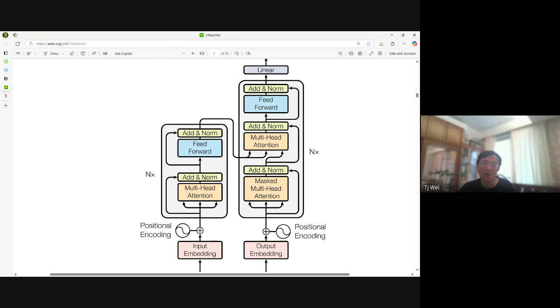But usually the normalization here is a layer normalization. There will be certain variations, but usually there is a normalization layer right here.